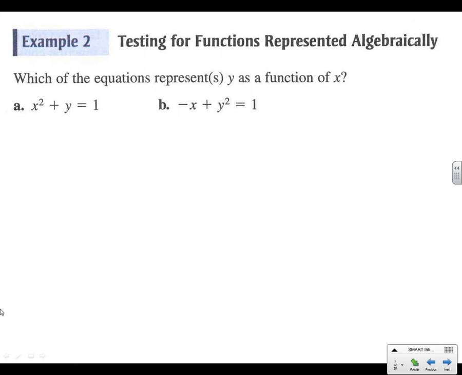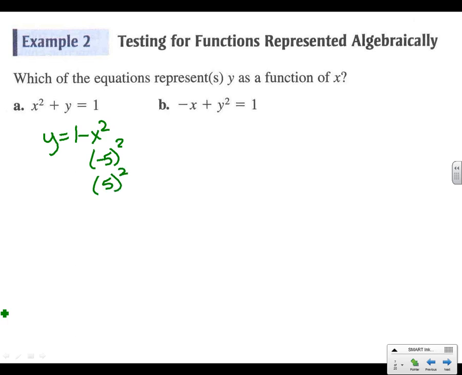All right, so example 2, which of the equations represents y as a function of x? Well, the easiest way to do this is move this over so that y is by itself. So y equals 1 minus x squared. On this one, I could have -5, square it, and I would get the same answer as 5 and squaring it.